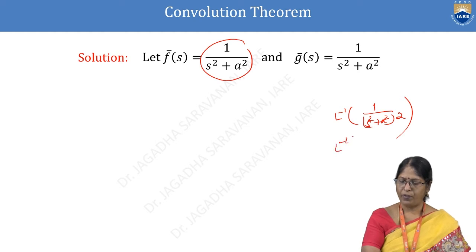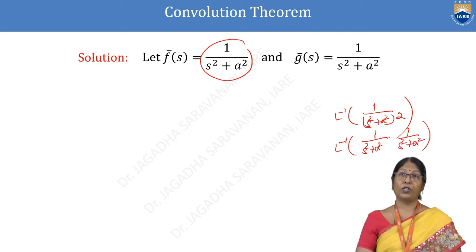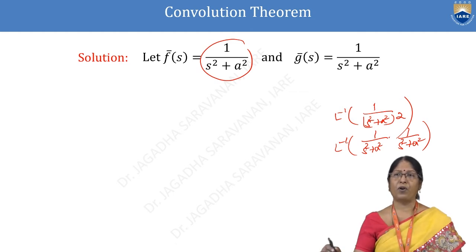This problem we can write as 1 by (s square plus a square) into 1 by (s square plus a square). Because we know the convolution theorem formula, the product of f of t into g of t, so we need f of t. Then f of t is nothing but L inverse of f bar of s.